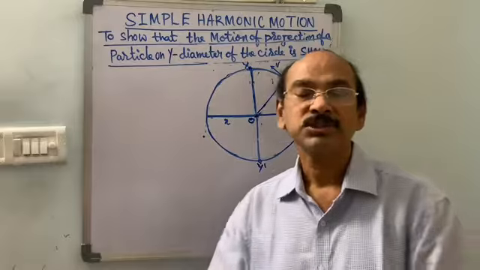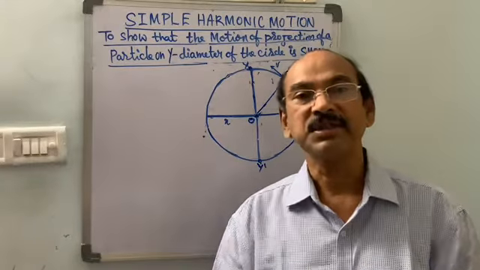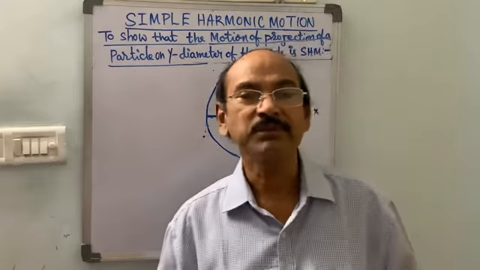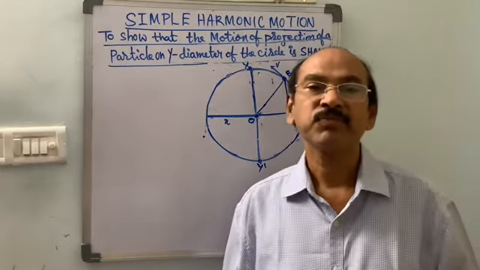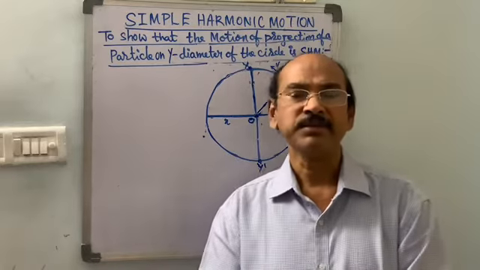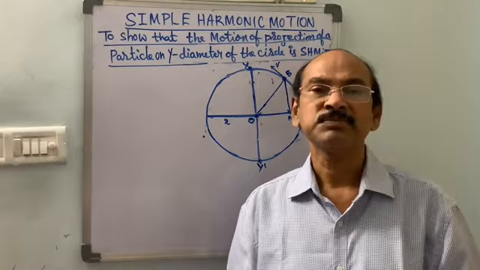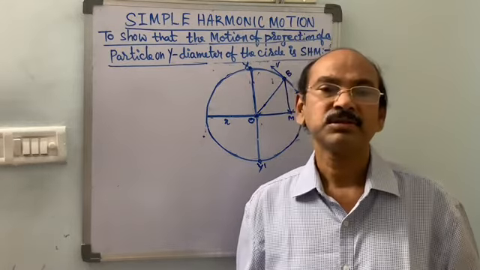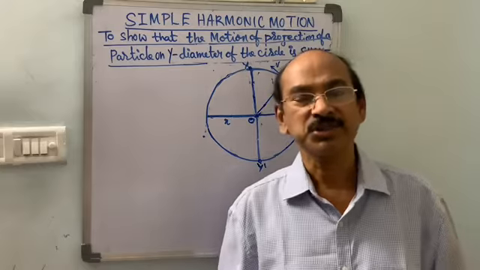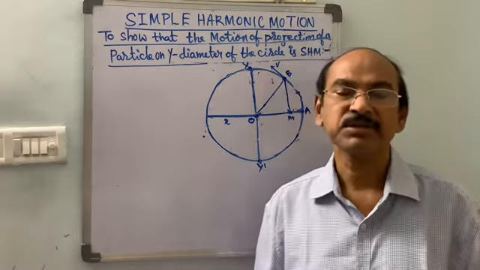Now, simple harmonic motion is defined as the periodic motion of a body along a straight line such that its acceleration is directed towards the mean position and is proportional to its displacement.